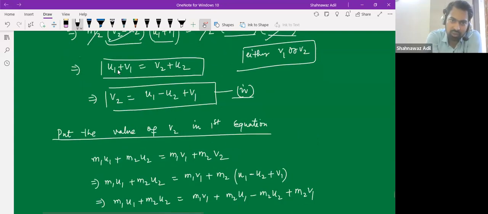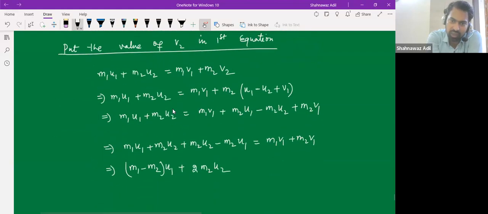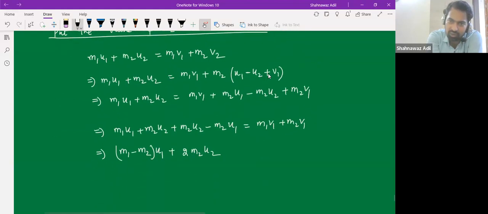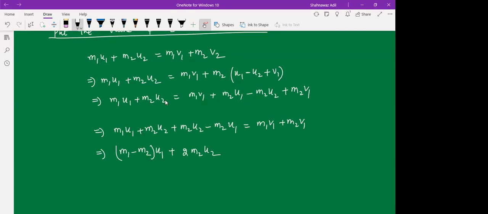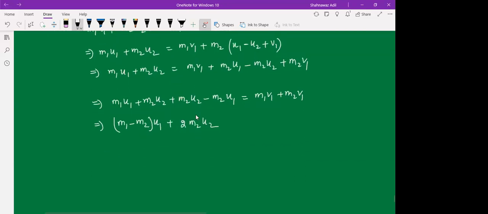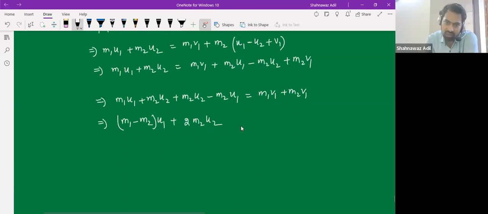Then we have m1 plus m2 common, and I have this v1.